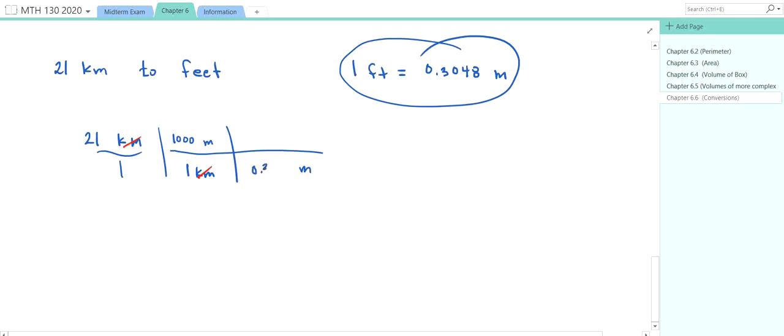So 0.3048 meters per 1 foot up here. And now it's just a matter of doing the math. So you have 21 times 1,000 divided by 0.3048, and that's 68,898 feet.